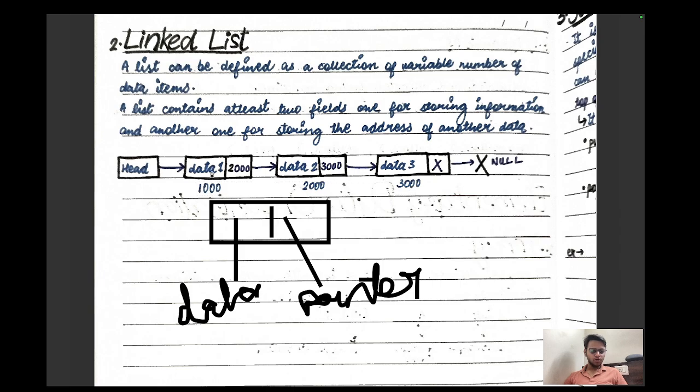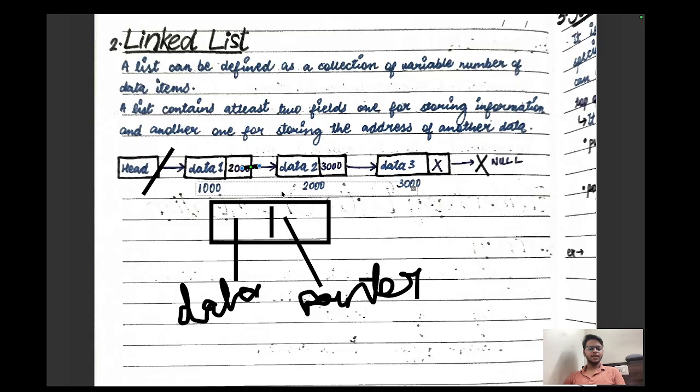You can see here that if we remove this head part for now, we can see that data one is something we don't know right now. For our demo we have allocated this value to the linked list, and 2000 is the address of this second data element, and we have stored this 2000 address into the pointer part of the first data element. Right. So this value is being stored here, right?